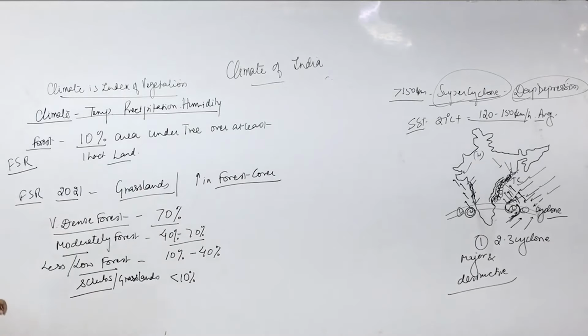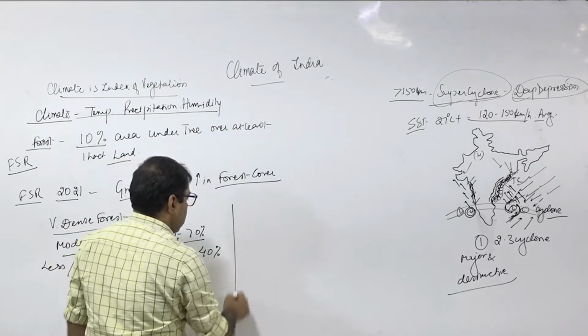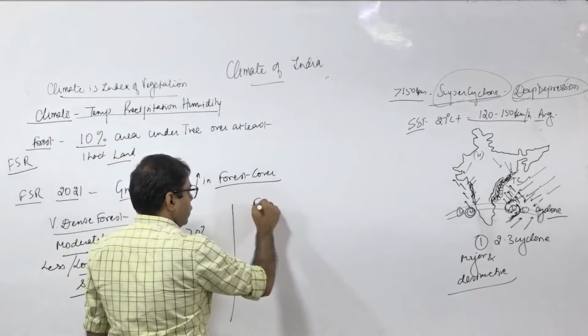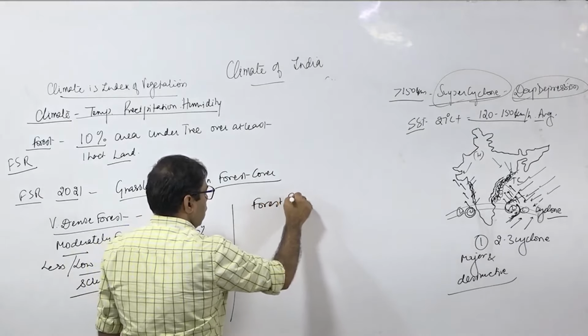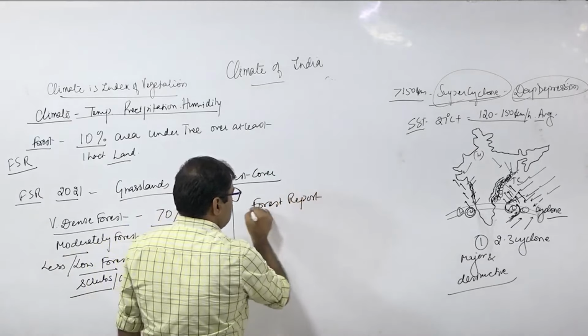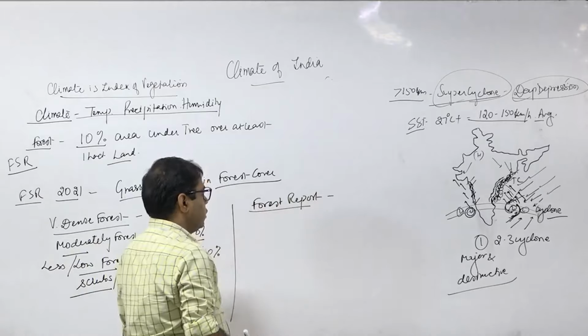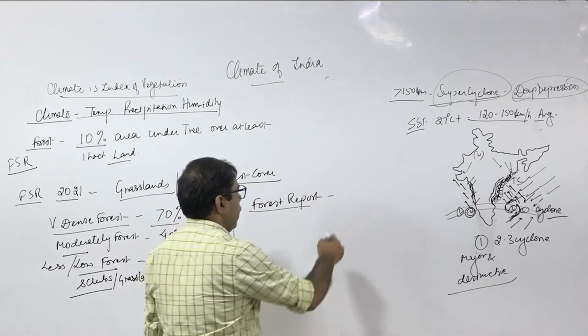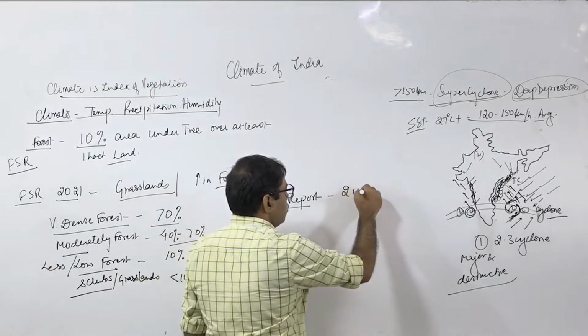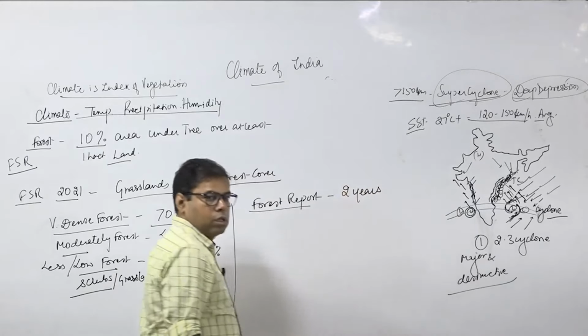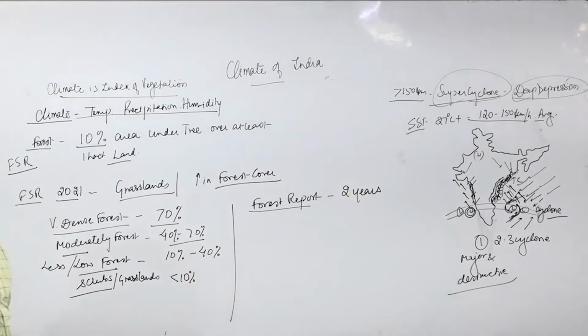So, this is canopy cover, 70% to 10% of the range of the total forest land, and the forest survey report is released every 2 years.